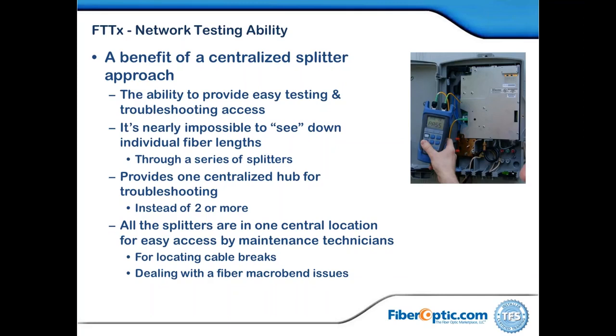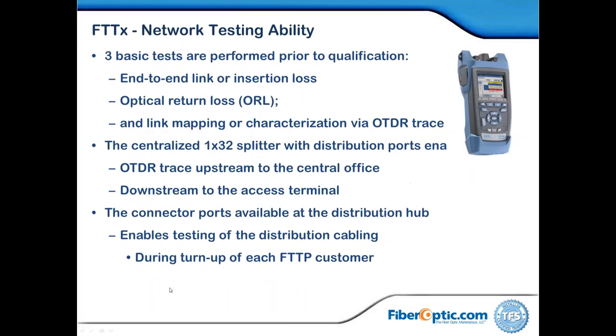So all the splitters in one location make it pretty easy to break down the circuit for ease of testing and troubleshooting. Now, there are three basic tests that we do: end-to-end link or assertion, optical return loss, and mapping or characterizing by way of an OTDR trace.